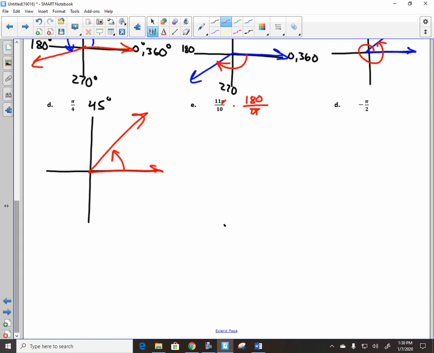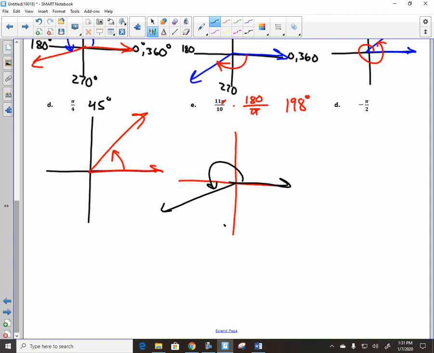What's 180 divided by 10? 18. What's 18 times 11? 198. So which quadrant does that place me in? Third quadrant. Again, the graph doesn't have to be really pretty. I just want to make sure that it's reasonable within the quadrant.